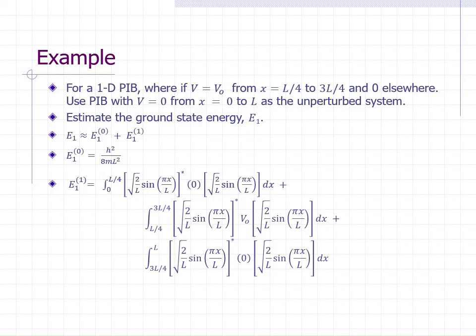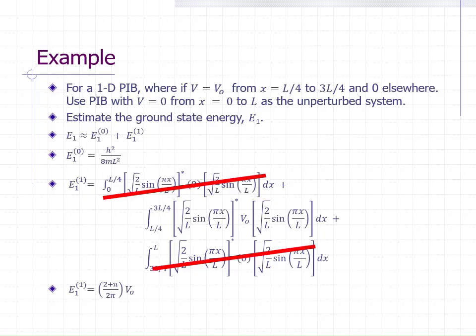We split the integral into three regions, from 0 to L over 4, from L over 4 to 3L over 4, and from 3L over 4 to L. In the first and third regions, the potential is 0, so those contributions vanish. Only the middle region contributes, where the potential equals V naught. So the correction becomes V naught times the integral of the unperturbed ground state probability density over that central region. This gives us a first-order correction of V naught times (2 plus pi) over 2 pi.